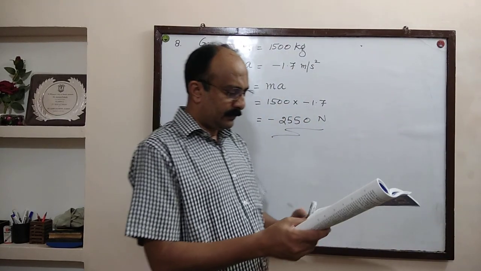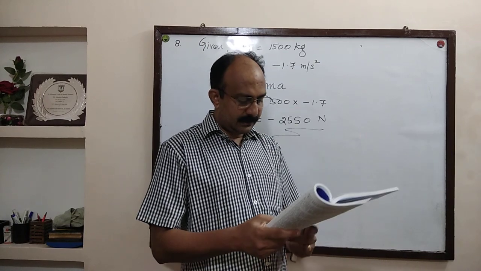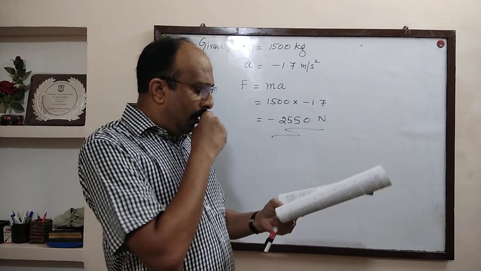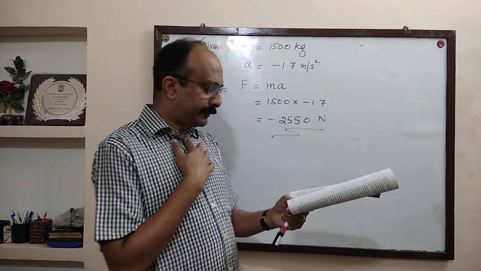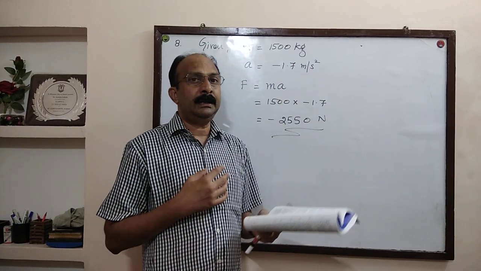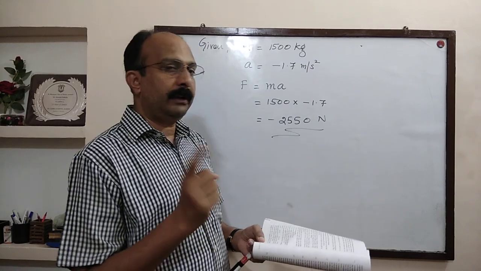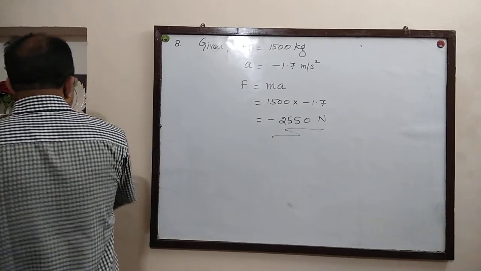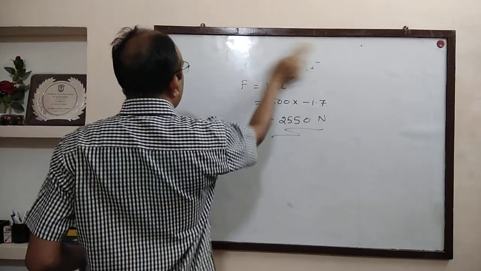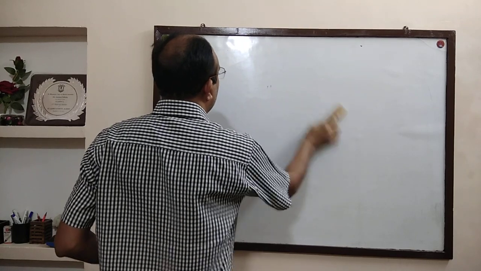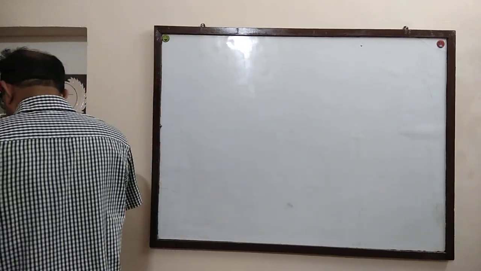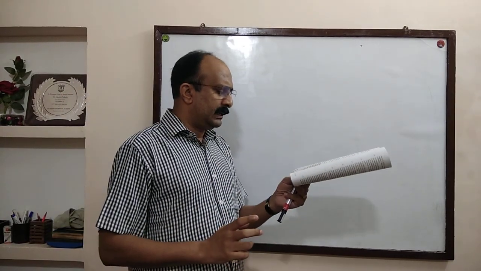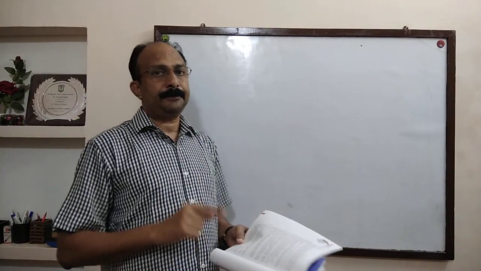Next question. Two objects, each of mass 1.5 kg, that is M1 equal to 1.5 kg, M2 is also equal to 1.5 kg, are moving in the same straight line but in opposite direction.